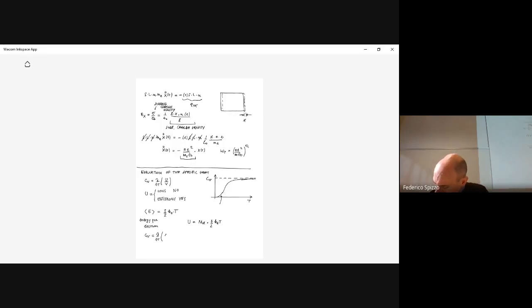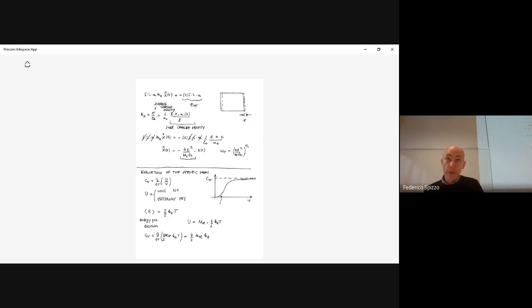So this is the electronic density times 3 divided by 2 times Kb times the temperature. If we make the derivative, this is just 3 divided by 2 times the electronic density times the Boltzmann constant.